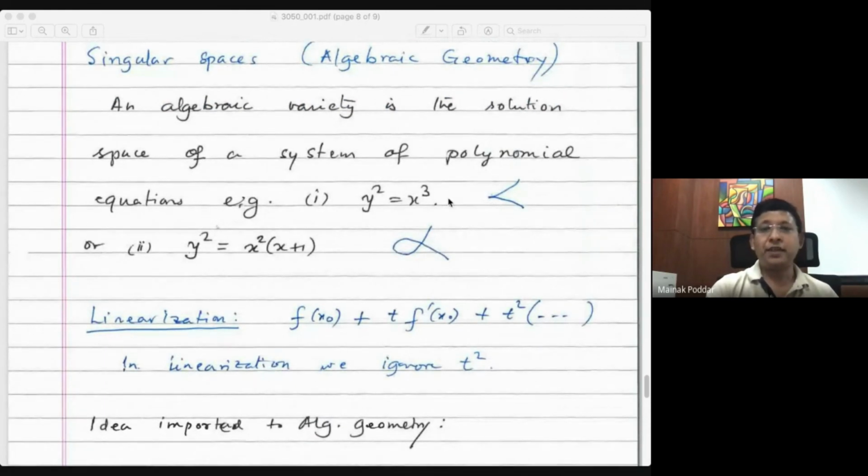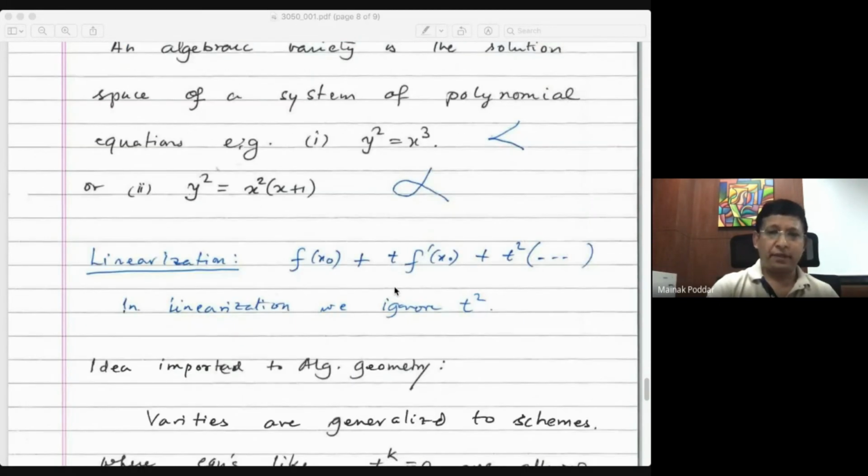For simplicity, I have these examples which show just one equation for each variety. Here you can see two curves, basically, and you see some singularity at this point and at this point.